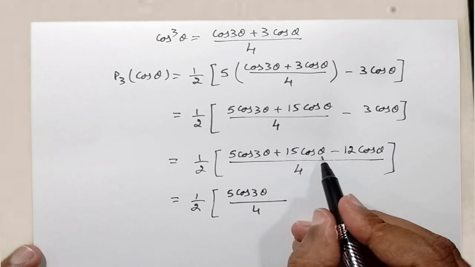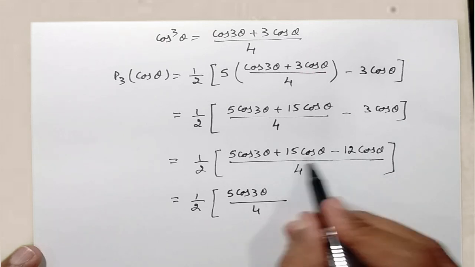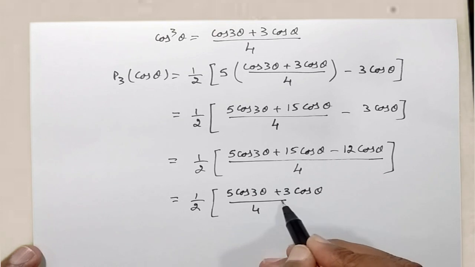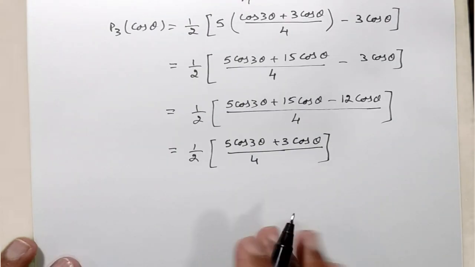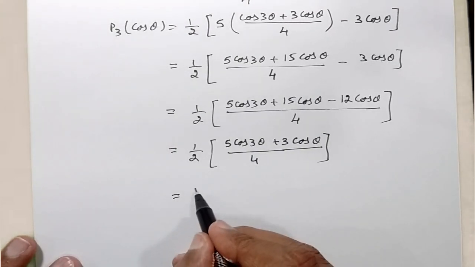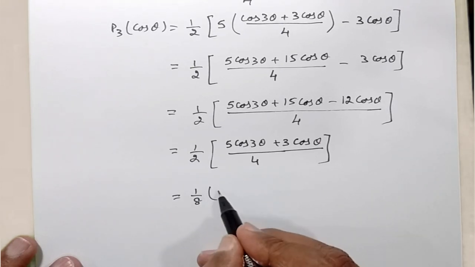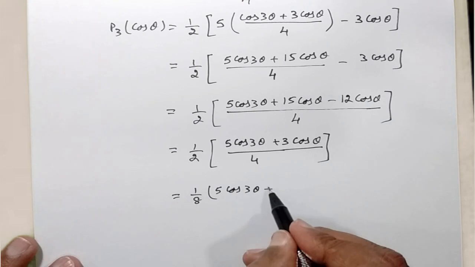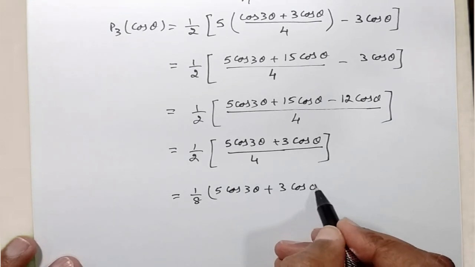Here 15 cos theta minus 12 cos theta. So 15 minus 12 will be 3. So we'll be getting 3 cos theta. Or further, if you multiply 4 times 2 will be 8. So 1 by 8 times, what will we be getting? 5 cos 3 theta plus 3 cos theta.